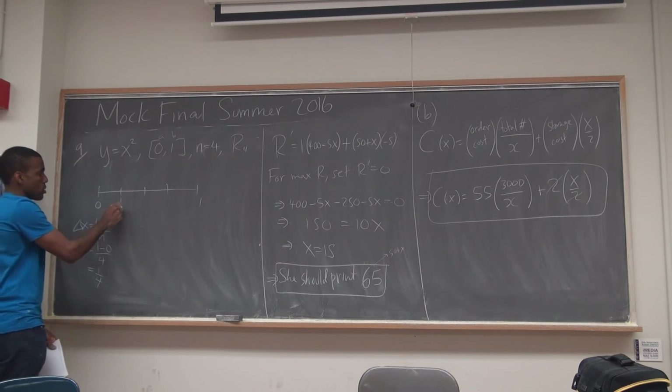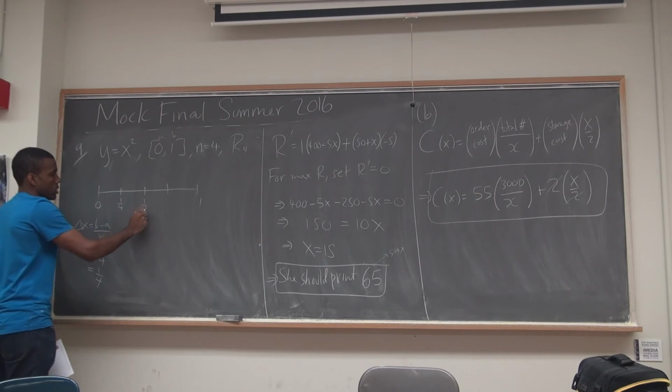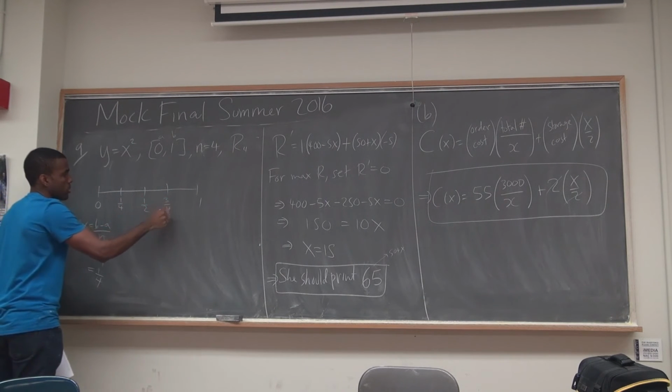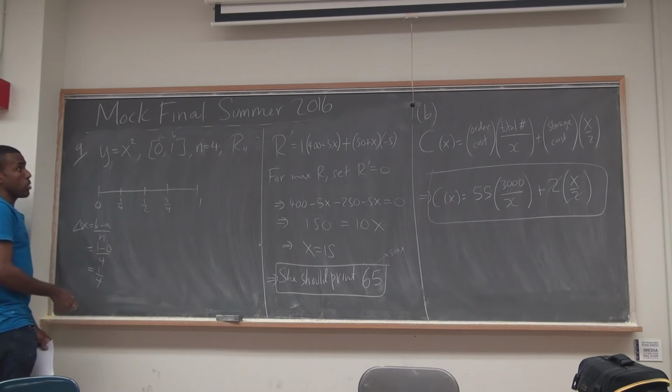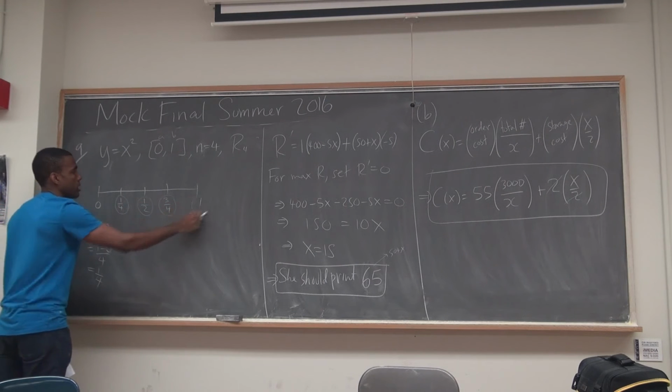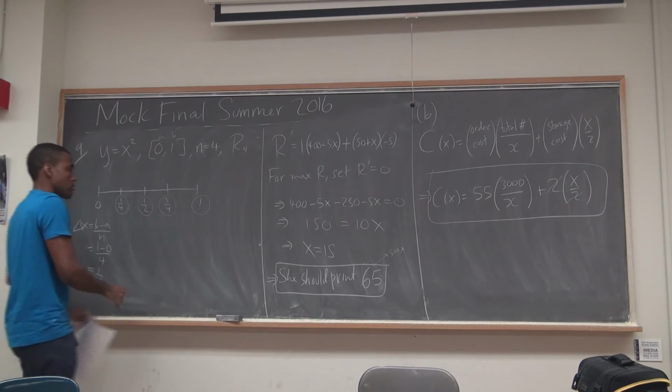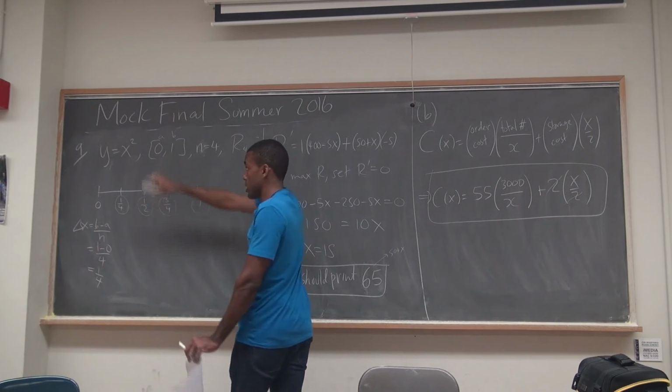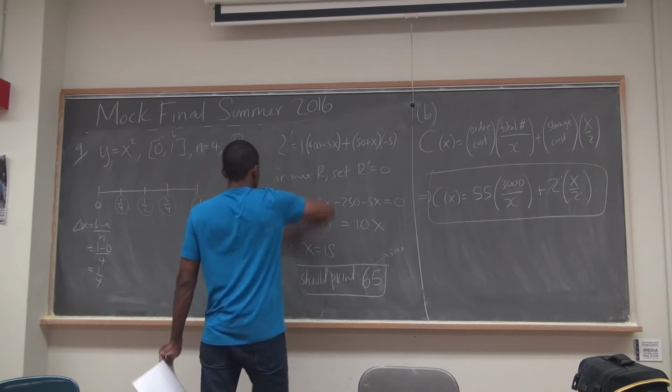So it's 1 over 4, 2 over 4, which is a half, 3 over 4, 4 over 4. And I want right hand endpoint, so I know the 0 is on the left, so it's going to be this guy, this guy, this guy, and that guy. And I'm just going to plug that into the given function and add them together.